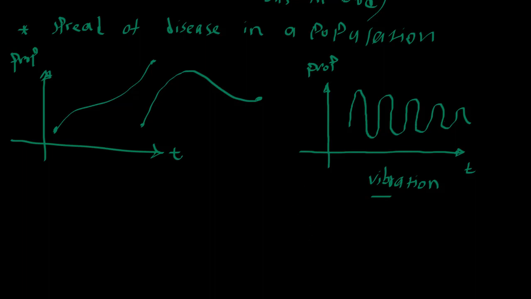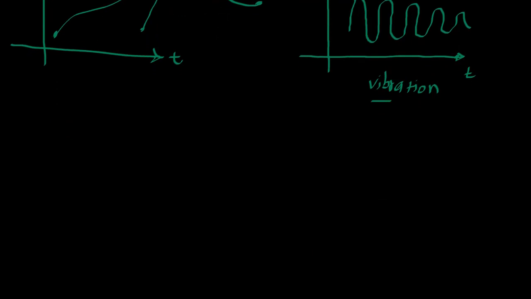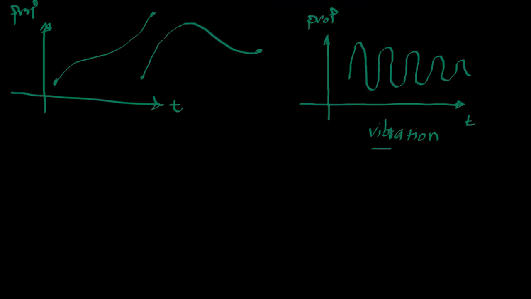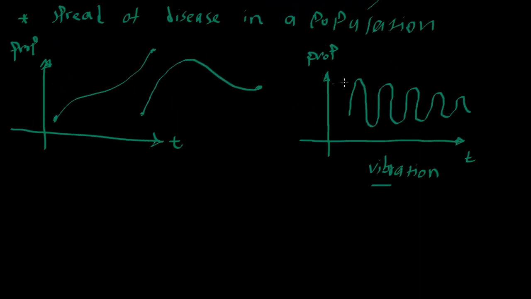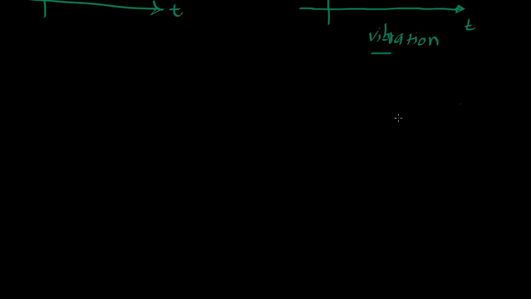So let's have an example for this oscillatory change in that property, which here would be the position of a particle. Let's say we have a spring mass system here.